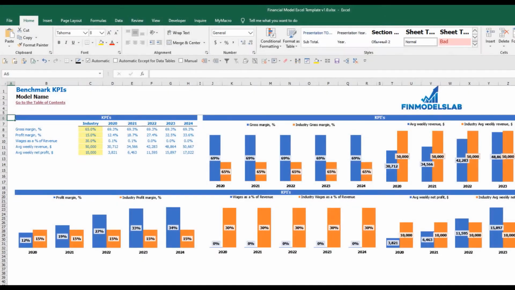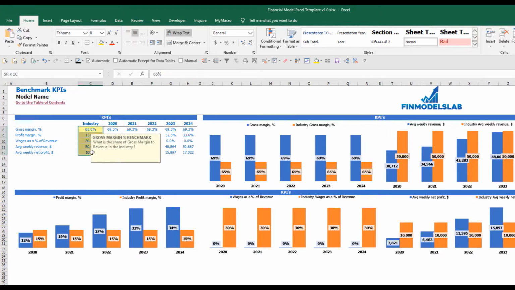The last reporting tab within this model consists of the main benchmarks for this industry, which are gross margin, profit margin, wages as a percentage of revenue, average weekly revenue, and average weekly net profit. In each tab, you may see industry benchmarks as orange columns and blue columns are values calculated by the model.